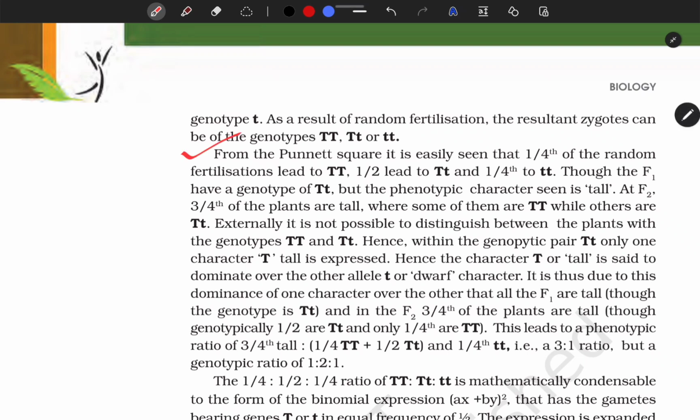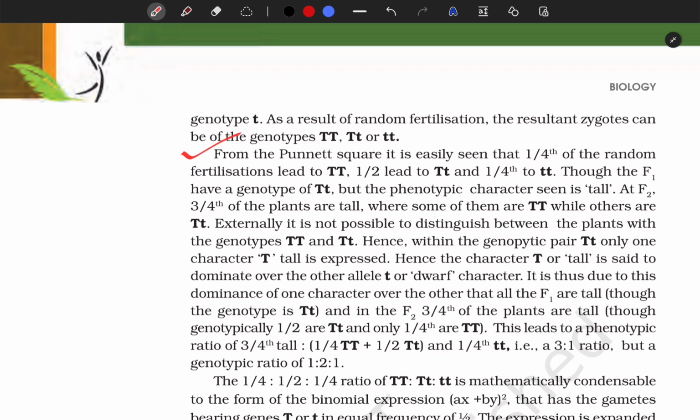From the Punnett square, it is easily seen that 1/4 of the random fertilization leads to TT, half lead to Tt, and 1/4 to tt. Though the F1 have a genotype of Tt, the phenotypic character seen is tall. At F2, 3/4 of the plants are tall, where some of them are TT, while others are Tt.